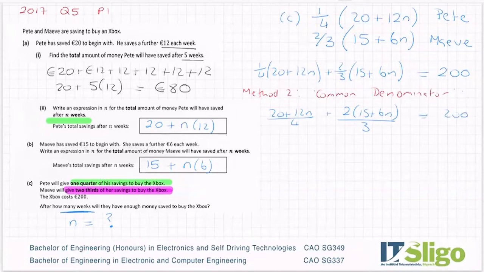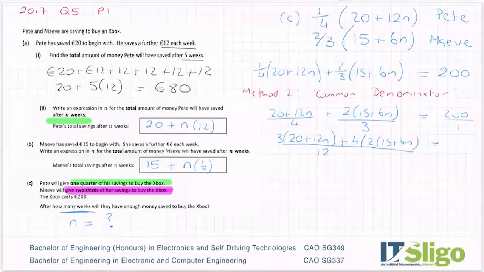So a common denominator is 12. 4 into 12 goes 3 times, so it's 3 by everything on the top. Plus 3 into 12 goes 4 times, so it's 4 by everything on the top. And that's over 1. 1 into 12 goes 12 times, so it's 12 times 200. You can see the numbers are a lot bigger here.